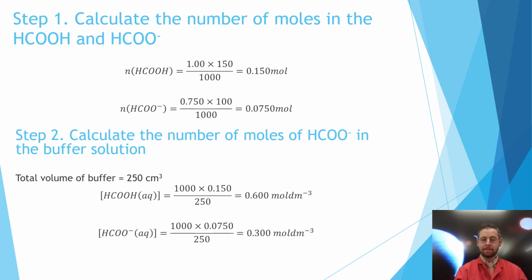That is the same as multiplying 0.15 by 1,000 and dividing it by 250, because a number divided by a fraction basically flips the fraction upside down. So my answer was, in the actual 250 milliliters, I had 0.6 moles per decimeter cubed of the acid, and with the conjugate base, I had 0.3 moles per decimeter cubed.